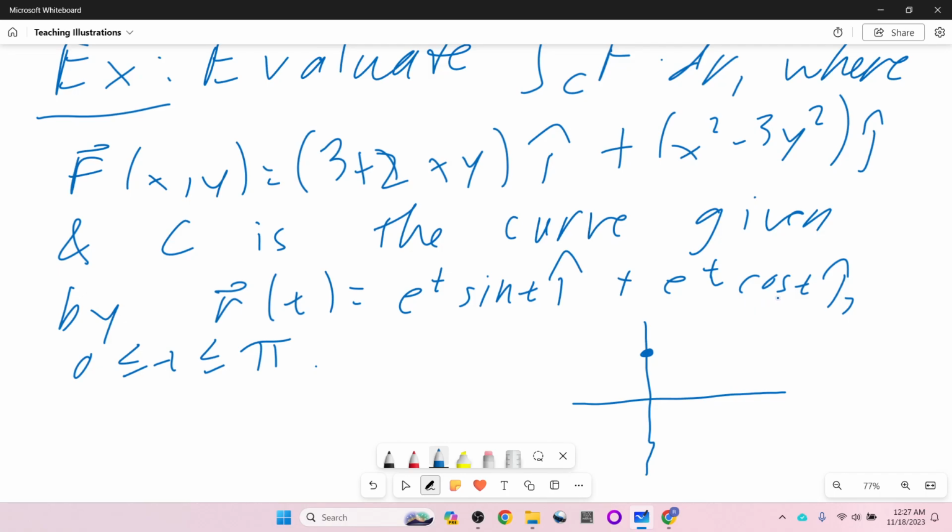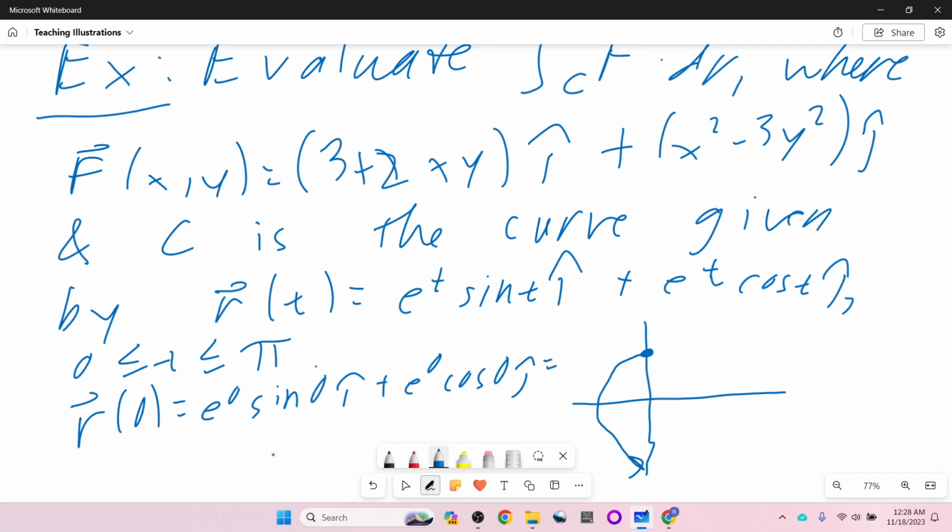Cosine is j, sine is i, so I think it's going to be something like this. What would the start point be? r of 0 is e to the 0 sine 0 i plus e to the 0 cosine 0 j, which is just 1j. So it's 0, 1.